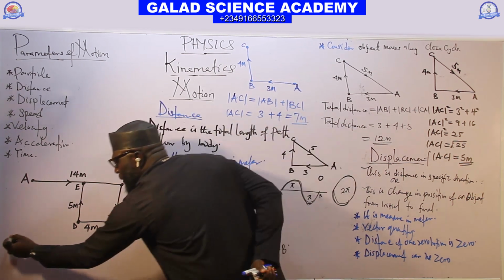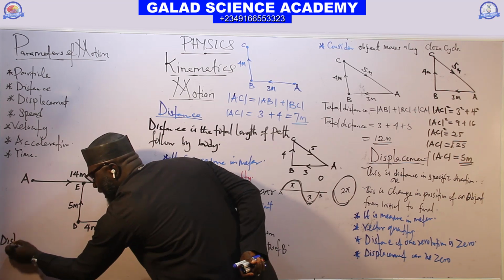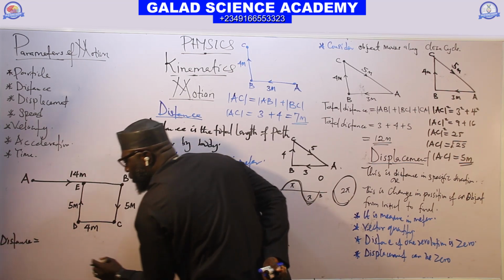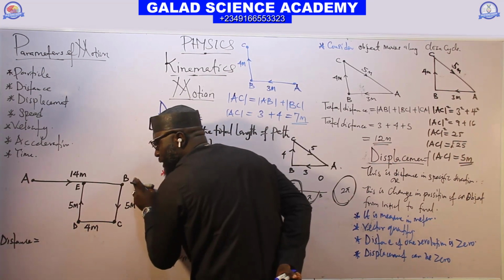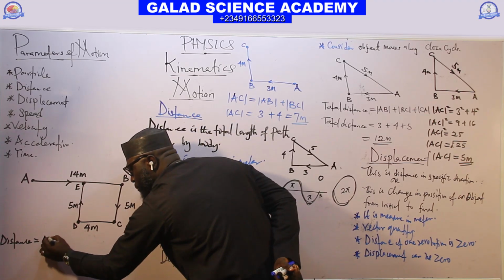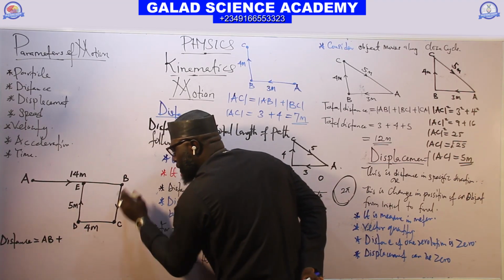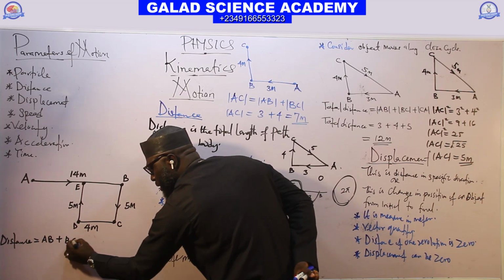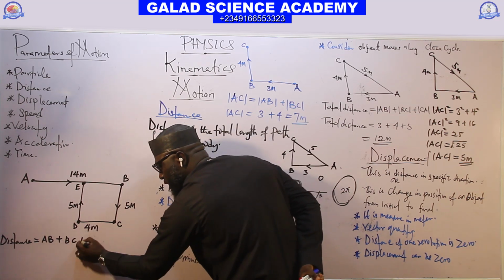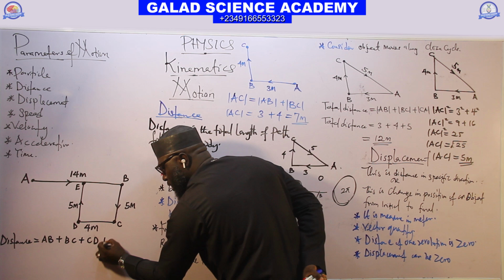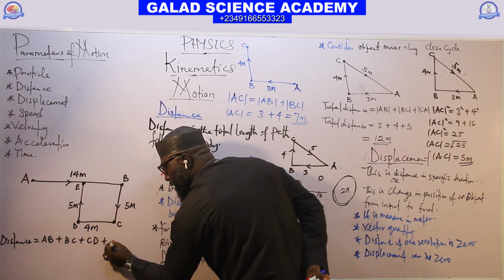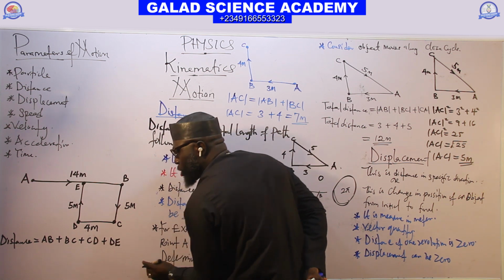So here now, what will be our total distance covered? Distance will be A to B, plus B to C, plus C to D, plus D to E.